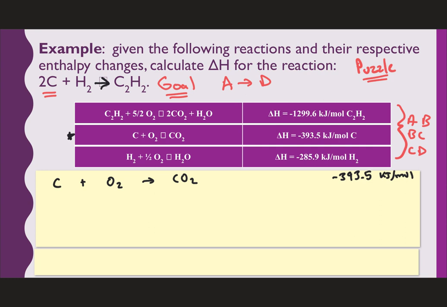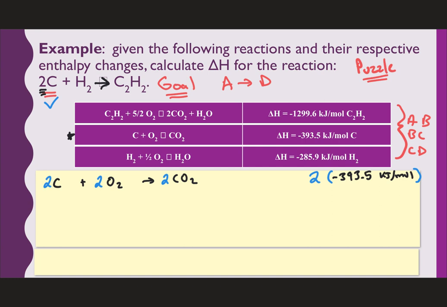But there's a couple things that are going on. I need to have 2 moles of carbon. So I'll show this with a different color. I need to scale up everything in this reaction by 2. And if I do that, then I must scale the delta H by 2 as well. So now my carbons are taken care of.